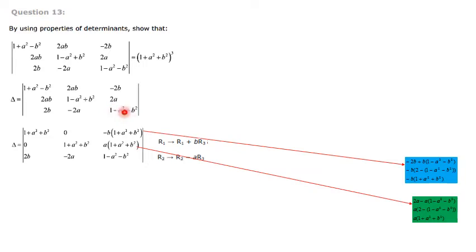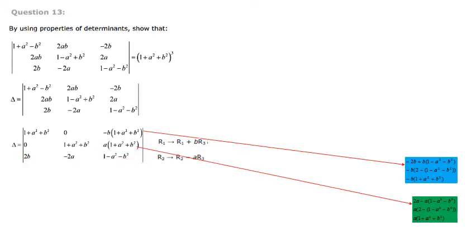So a into 1 minus a square minus b square. As before, we need actually 1 plus a square plus b square as common. For that you have to take a outside. So a, if I take outside, the balance is 2 minus this term 1 minus a square minus b square. Go for the calculation, you will get it as a into 1 plus a square plus b square. That is what it is written.